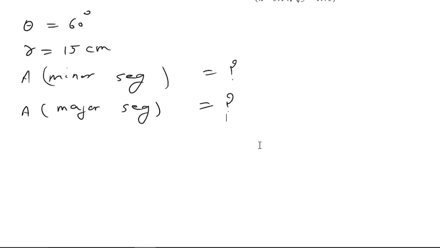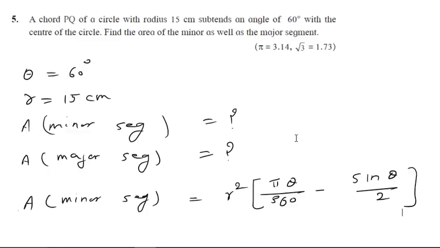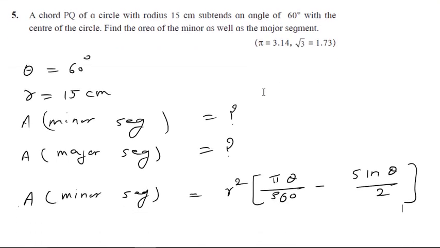So area of minor segment first let us find. Area of minor segment is equal to r square into pi theta upon 360 minus sin theta upon 2. The value of pi is given and value of root 3 is given.